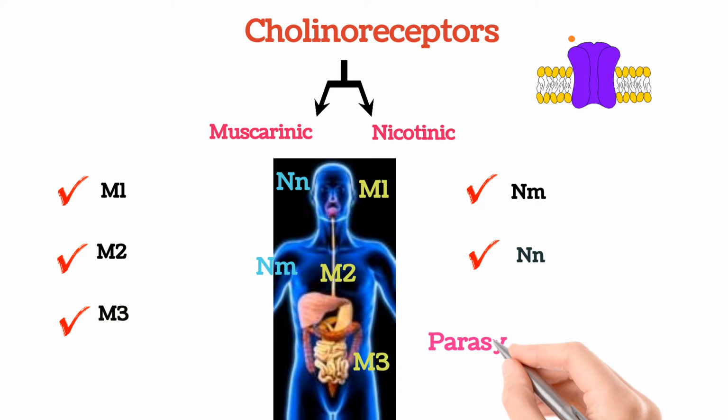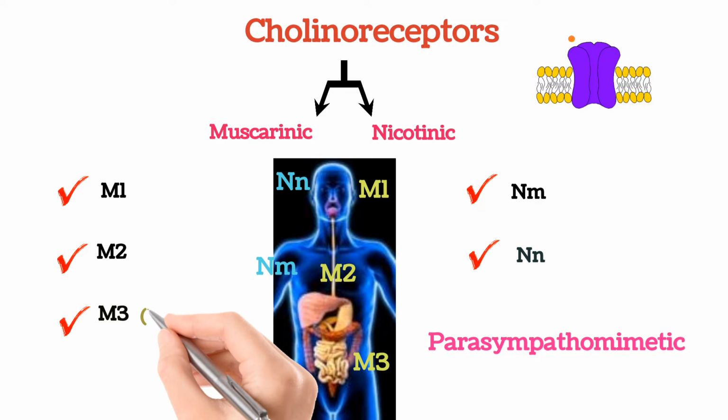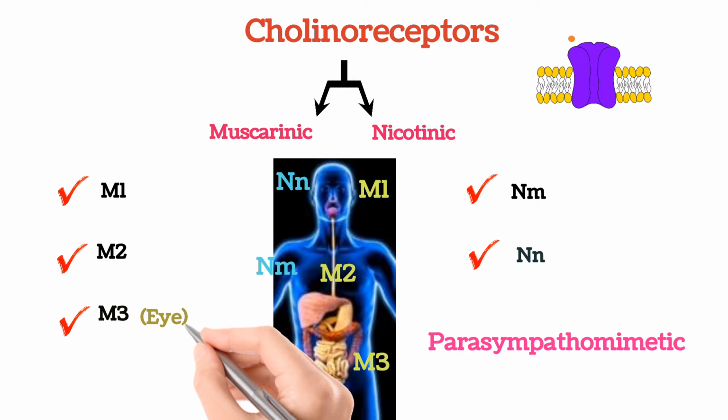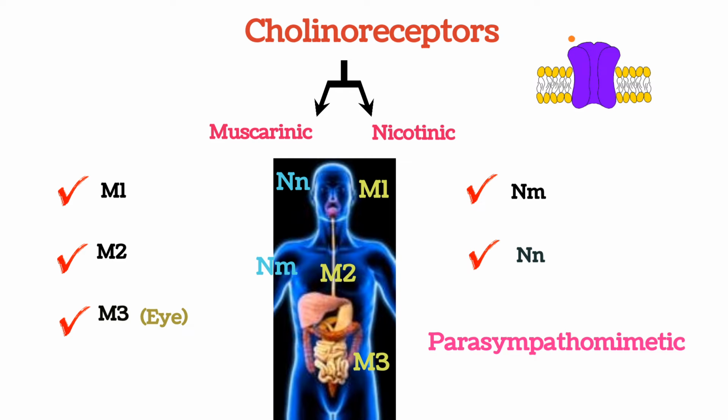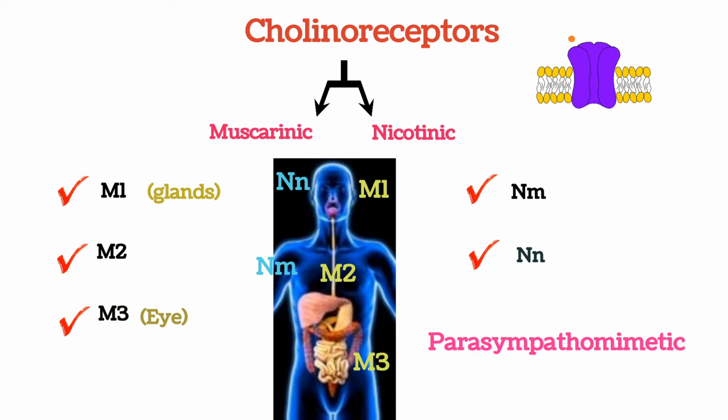Whatever action we get which mimics the action of acetylcholine, we call it parasympathomimetic action. There is an abundance of different kinds of muscarinic receptor in the eye, but the abundance is of M3 receptor in the eye, and as we discussed, M1 receptor is present in glands.